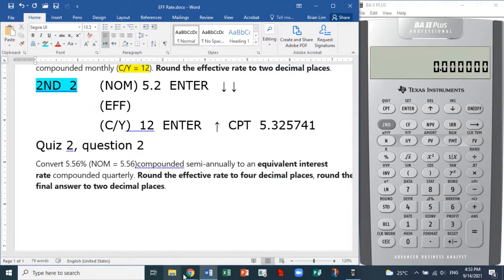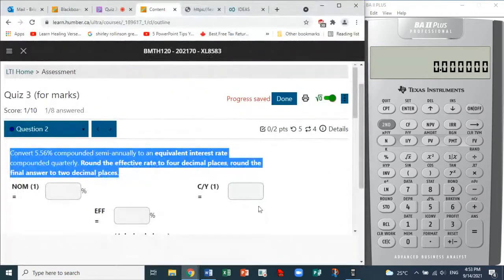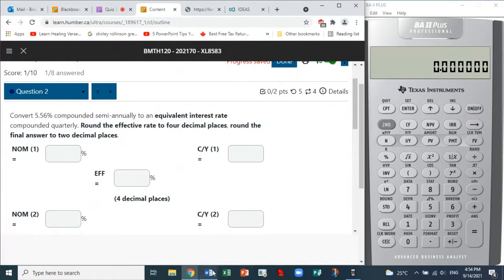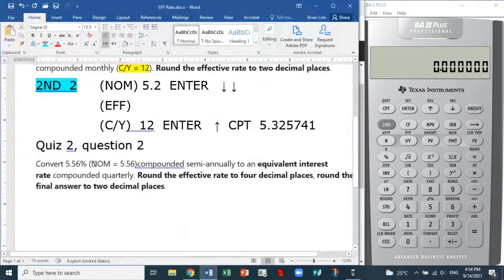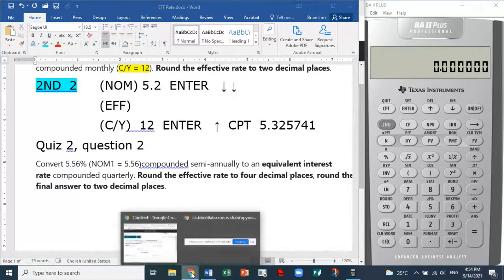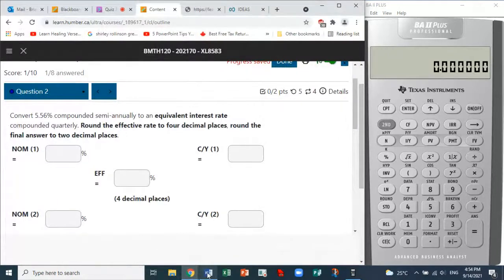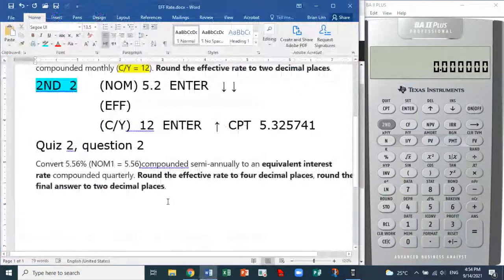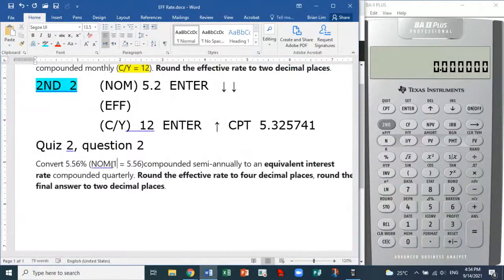I think that's how it's indicated on the question itself. You have nominal 1 and you have nominal 2. So let's follow the same designation and put this as nominal 1. Let's see if they use parentheses. Yes, parentheses are used, so maybe it's to our best interest to go with the parentheses, and that will help to clarify the situation.